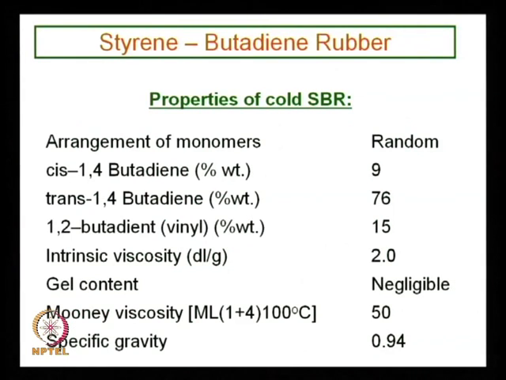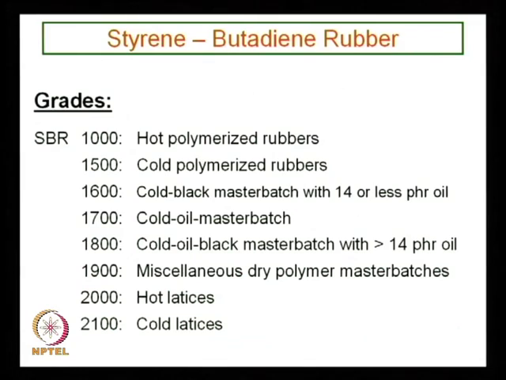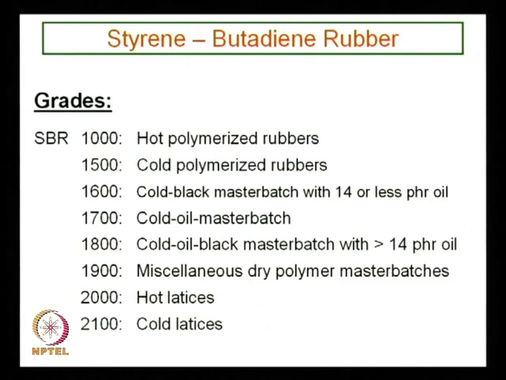These are the properties that have been evaluated for synthetic rubbers, and the same properties are also evaluated prior to vulcanization, prior to compounding, etc. All these properties are evaluated for natural rubber also. And these are the various grades. As I mentioned, these are available in a large number of grades; only a few are mentioned over here in order to maintain clarity and for your comprehension.